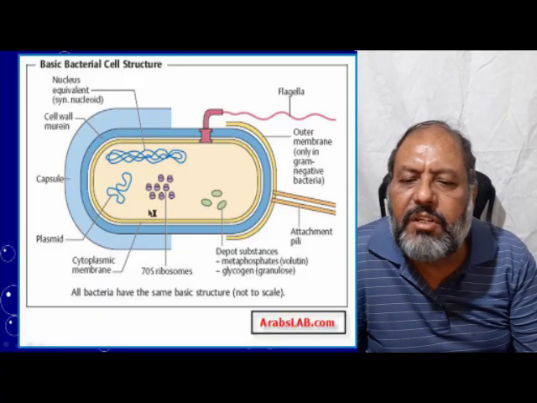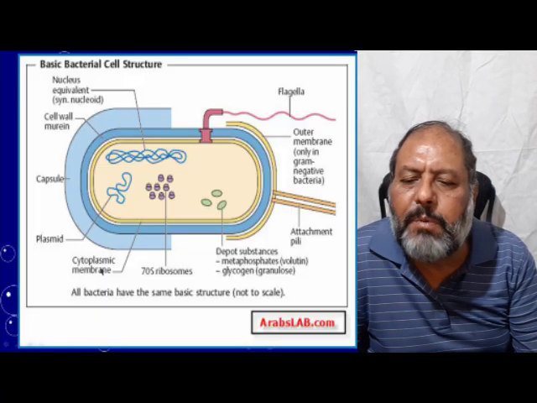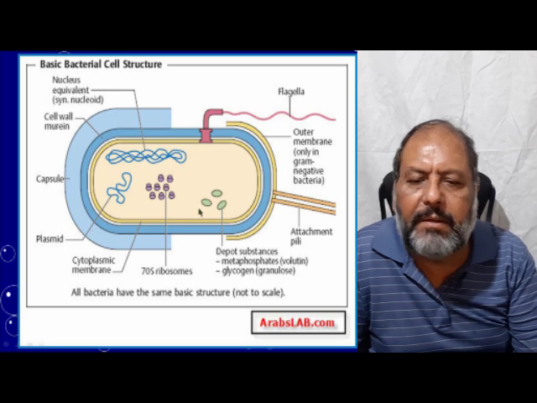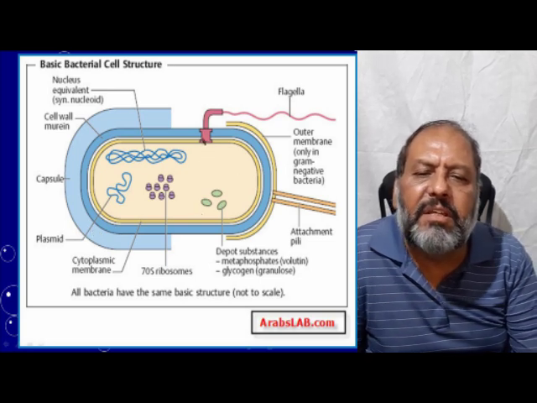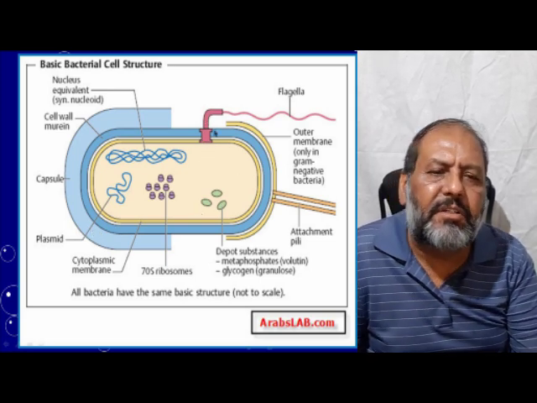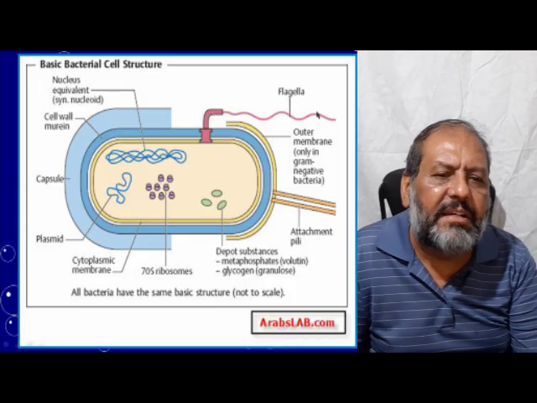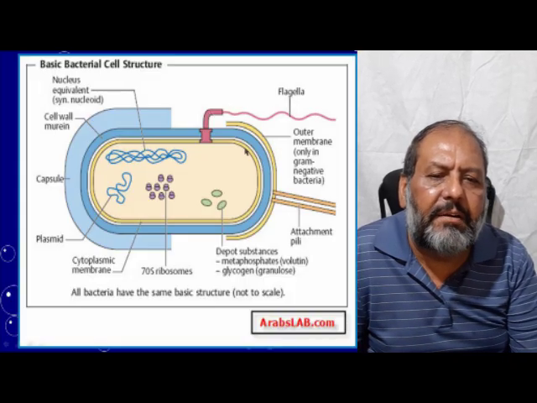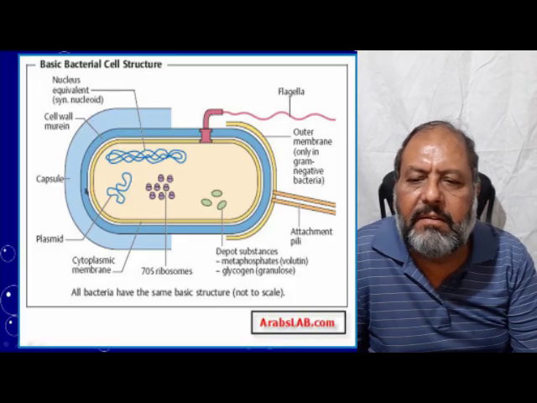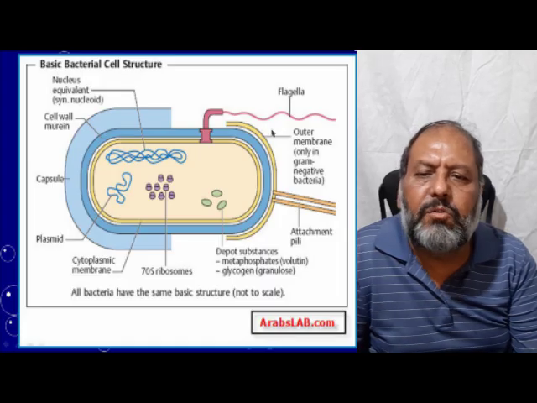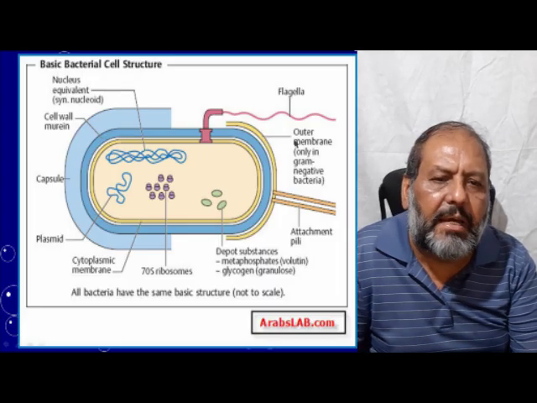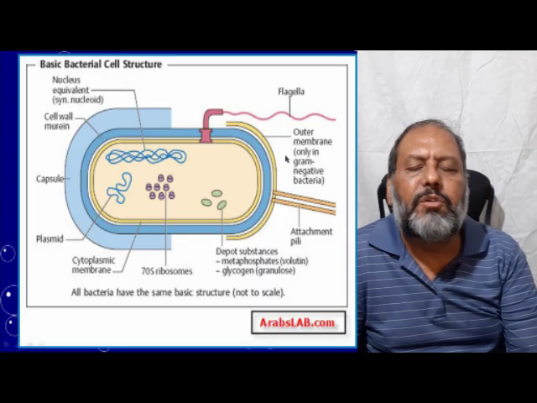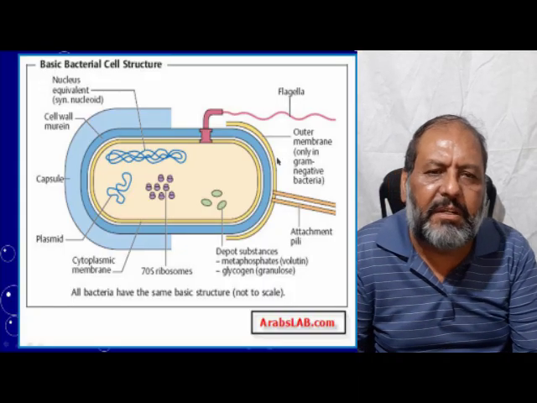Then one can see the cytoplasm is bounded by the cytoplasmic membrane, and here one can see the thread-like structure which is coming out from the cell wall, that is the flagella. Here one can see the cell wall, and outside the cell wall this yellow line is the outer membrane. It is only present in gram-negative bacteria.